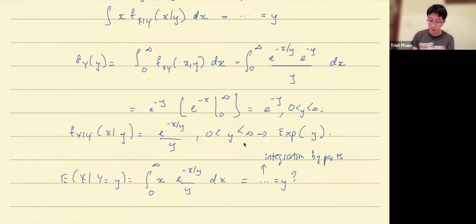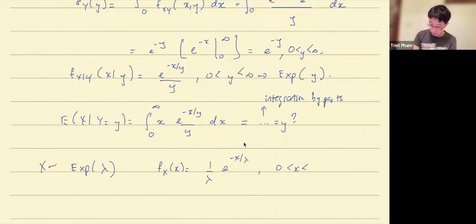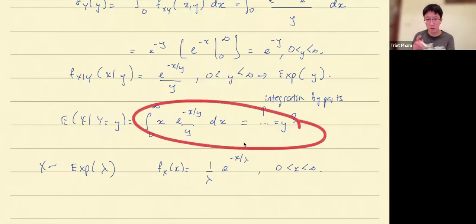Okay. So remember, an exponential lambda will have what kind of density? Right. The only thing I have to check here is, well, the calculation is correct.